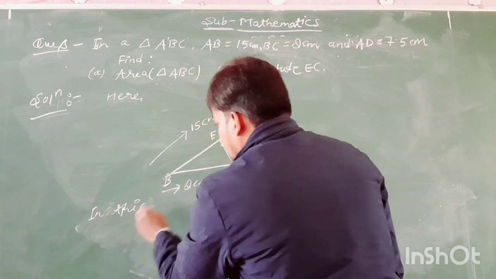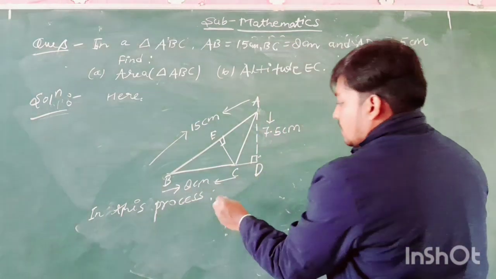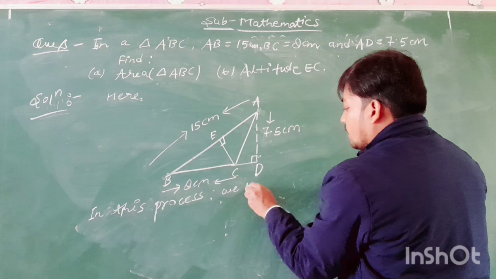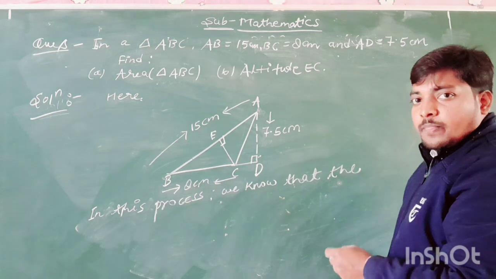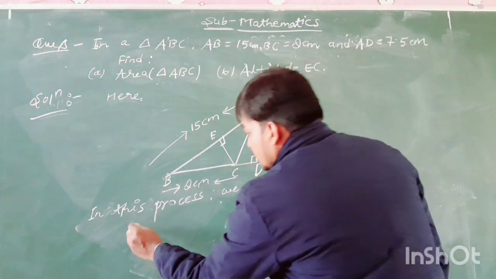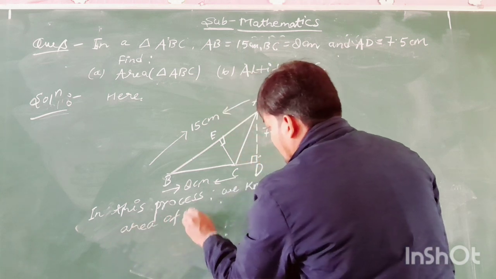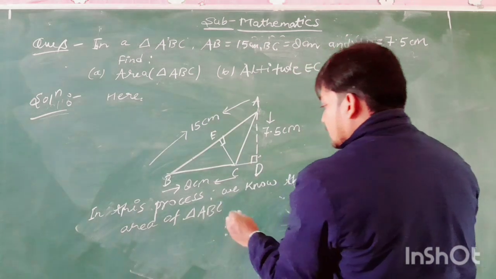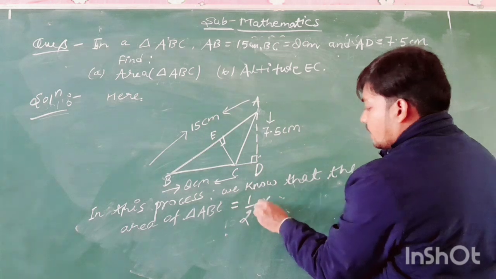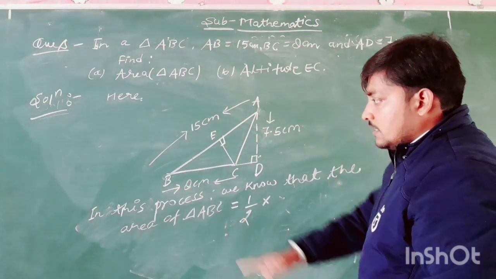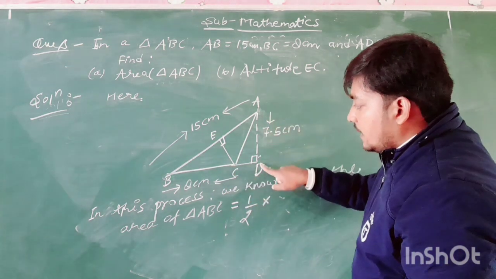We know that the area of triangle ABC is equal to 1 by 2 into, if you consider base BC, then the height will be AD.